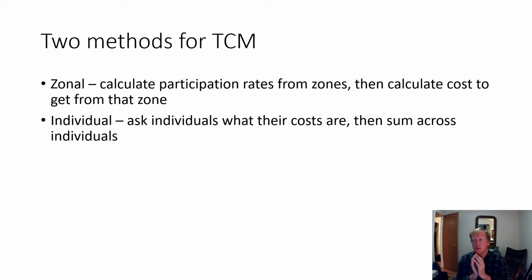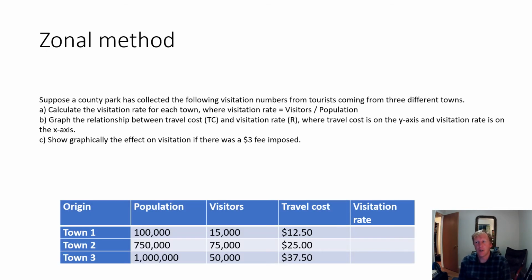There's something called zonal statistics, so you can calculate participation rates from a zone. So if you were to draw a map around the park and people visiting, you just need to know what zone they're coming from, and then you can calculate the cost from those zones. Or with the individual method, you just ask people what their costs are, and you can sum across individuals.